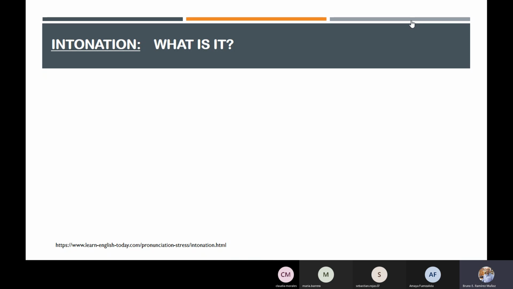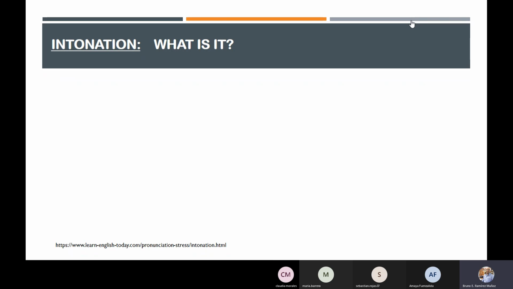Sometimes this line could be a falling line, for example, whenever someone is given an order, a command, right? The person is going to use a falling intonation because the person giving the order wants the other person to follow it.